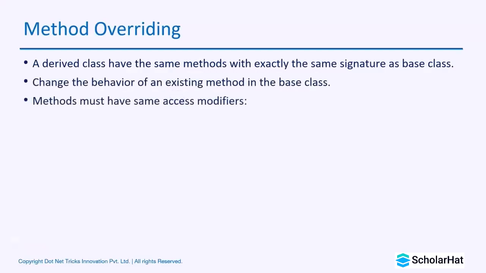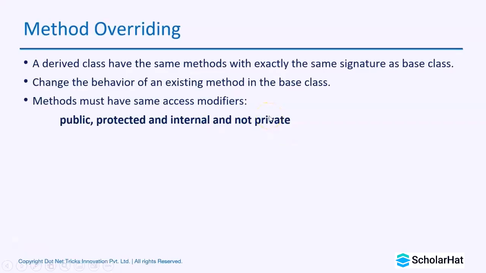While method overriding, there are some ground rules that one must follow. For example, methods must have the same access modifier, whether public, protected, or default, but not private. There are some other ground rules also.